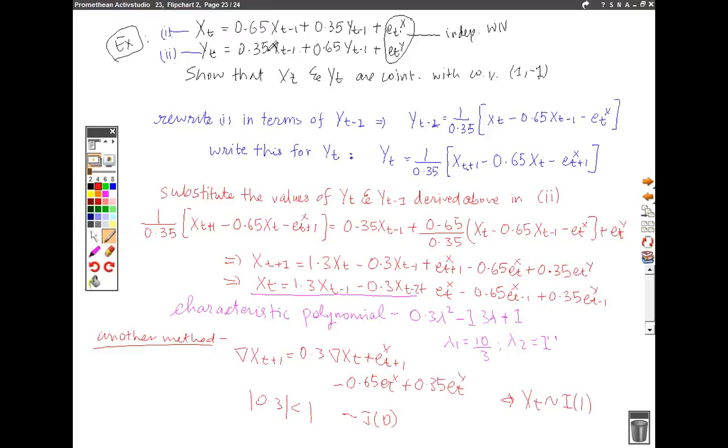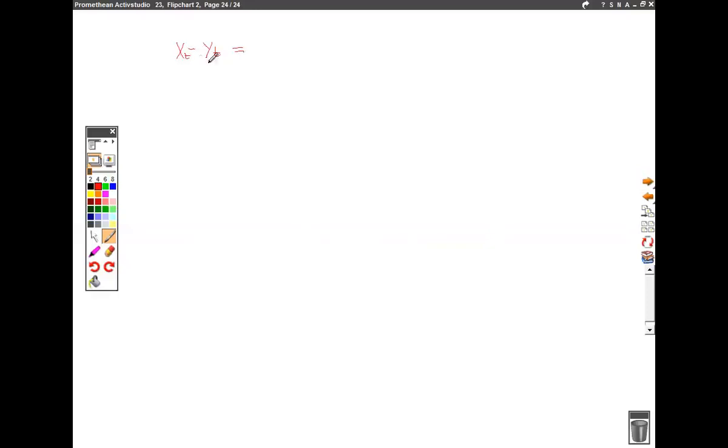If I rewrite my xt minus yt using those expressions, what I will get is 0.3 xt minus 1 minus 0.3 yt minus 1 plus etx minus ety.